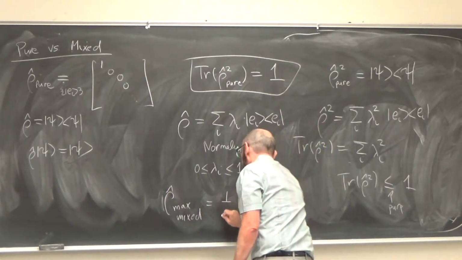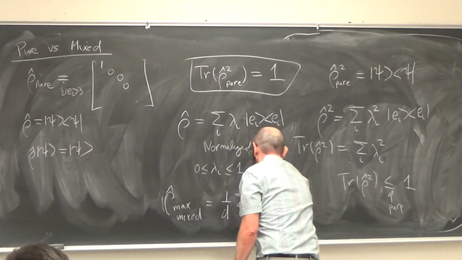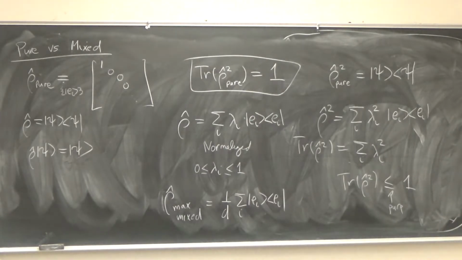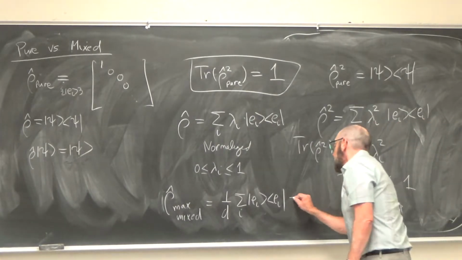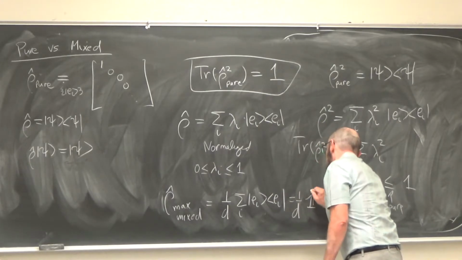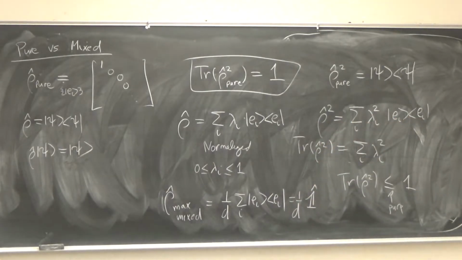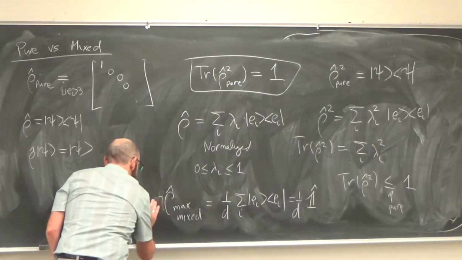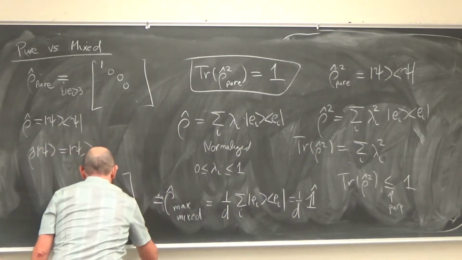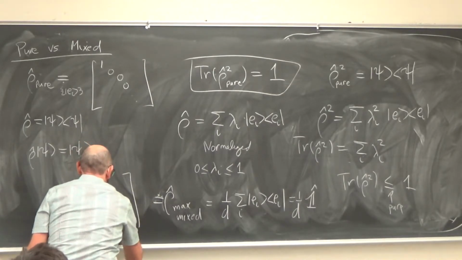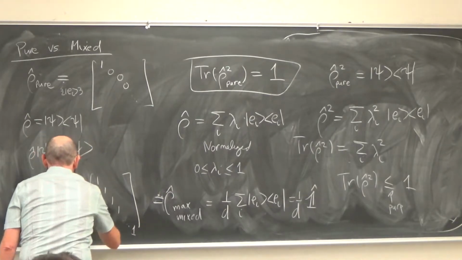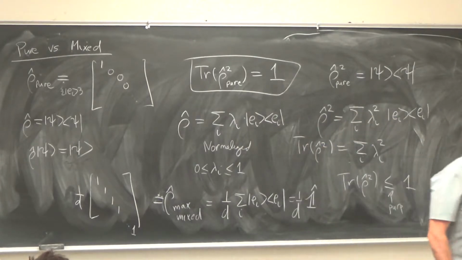So the maximally mixed state is 1 over d times the identity operator in d by d space. What's the trace of rho squared?